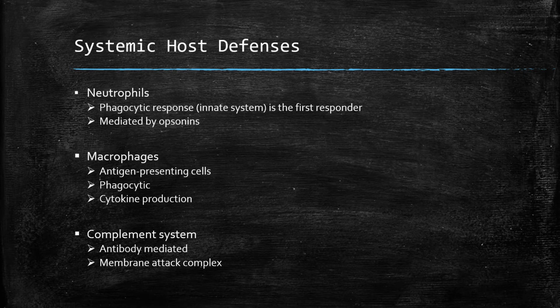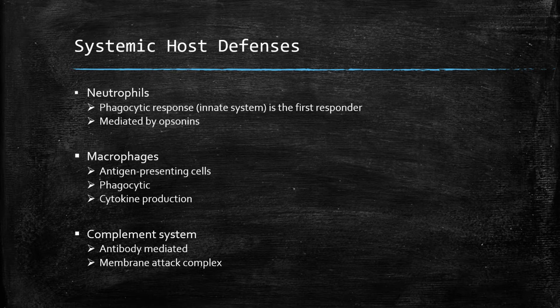Once the local defenses have been breached, the systemic immune system takes over. Neutrophils are part of the innate immune system, and they are the first responders on the scene. They recognize and phagocytize foreign cells, and they do this by recognizing opsonins, which are extracellular proteins that bind to foreign cells.